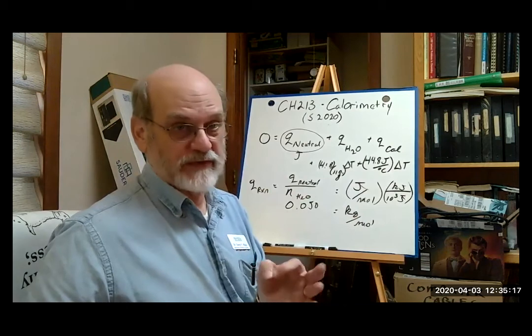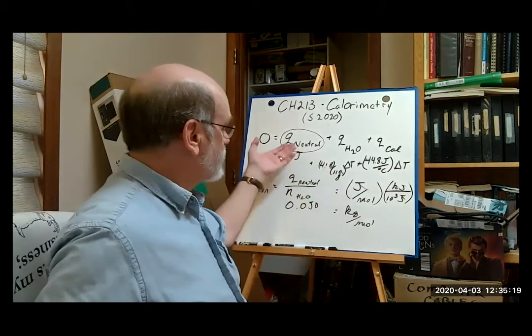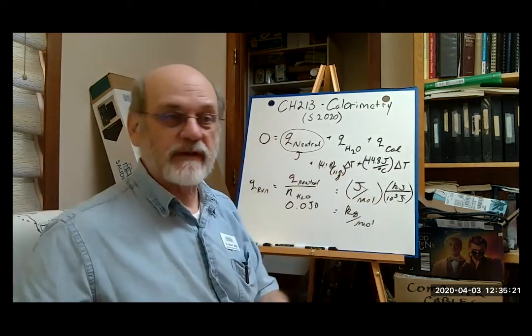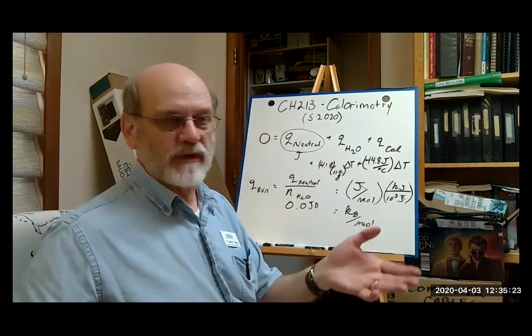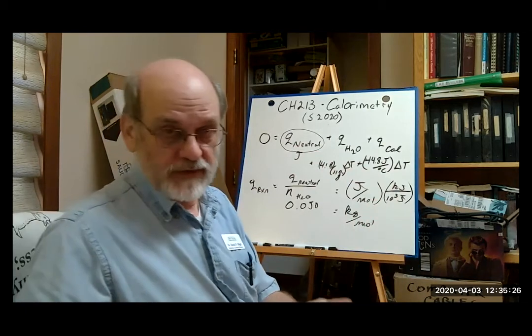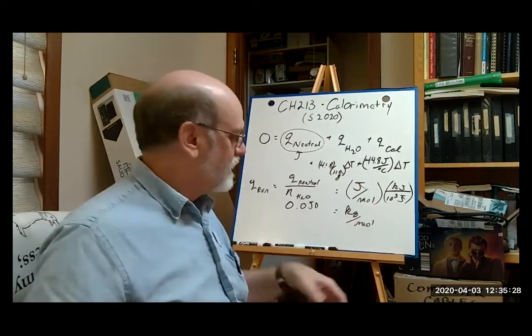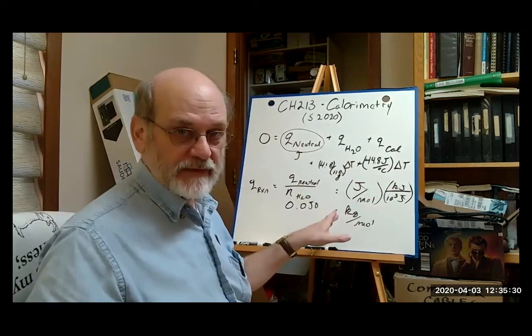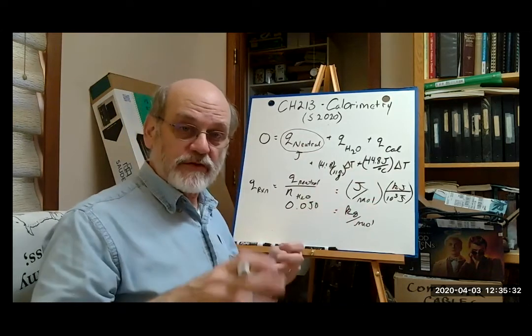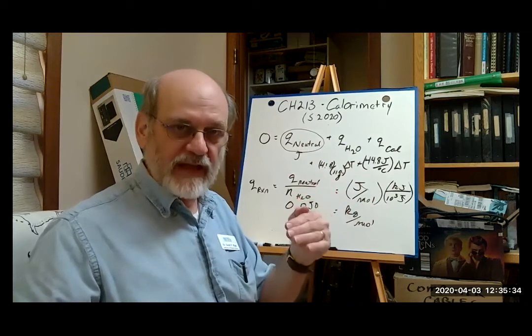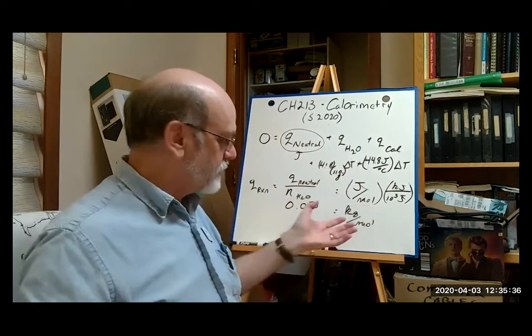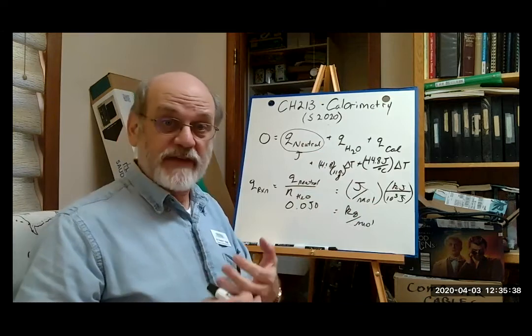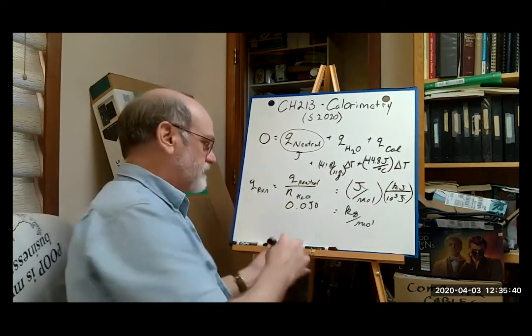It probably will have a sign, because these neutralization reactions are typically, well, I don't know of a single one that's not exothermic. So when they neutralize, they give off heat. So this value should have a negative sign, and then you compare it to the one at the bottom of that chart on the last page to see what the difference is, and express that in terms of percent error, right?